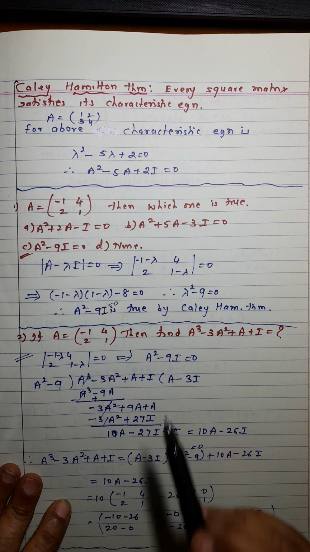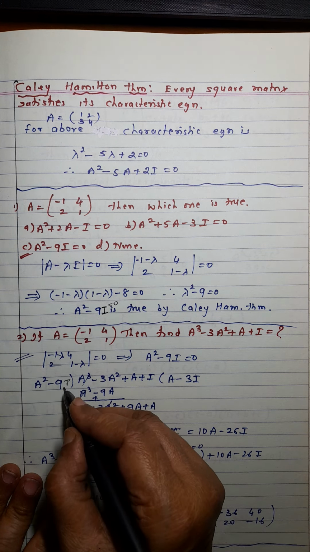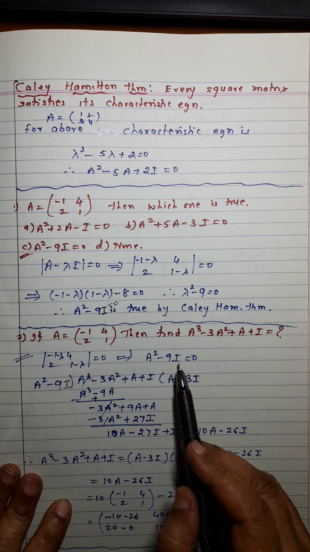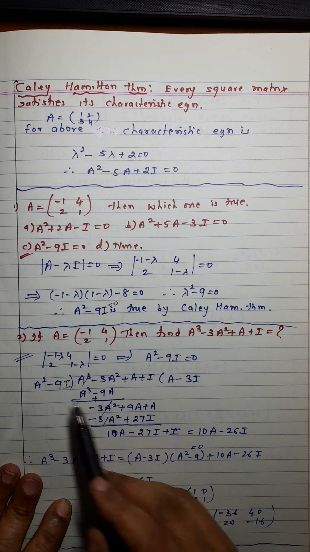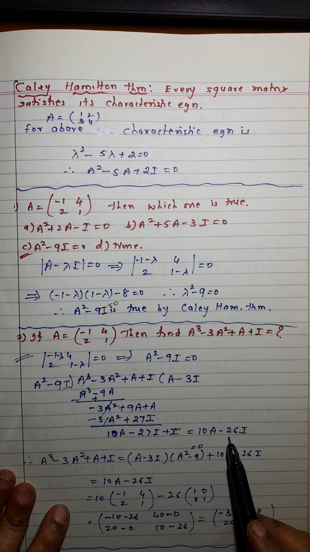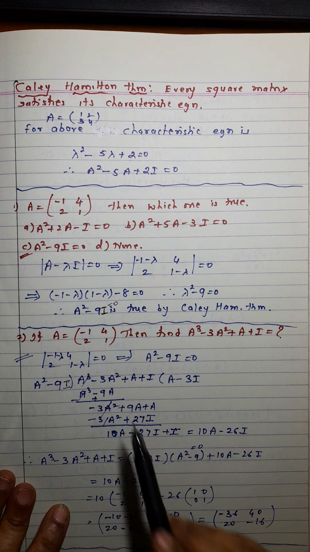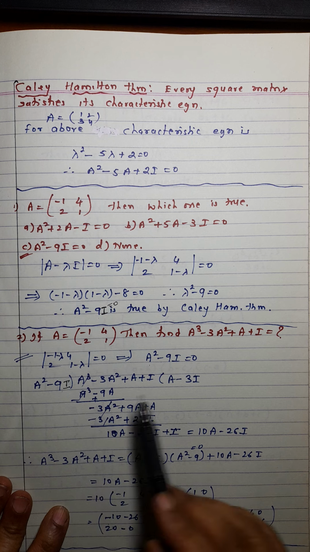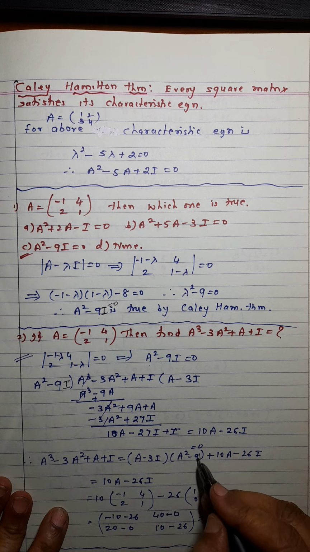A square minus 9I is equal to 0. So by the Cayley-Hamilton theorem, A square minus 9I is equal to 0, and I will divide this by A square minus 9I. This is the quotient and you will get this remainder. So always this is equal to this into this plus this. Now if you write this into this plus this, A square minus 9I is equal to 0, no?